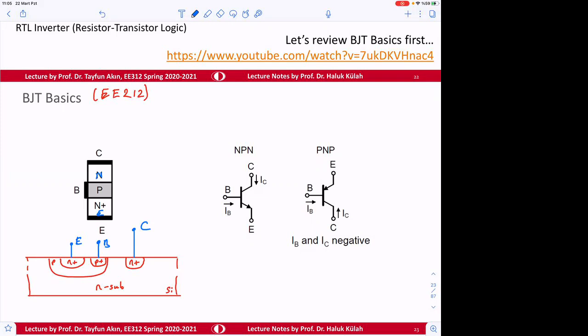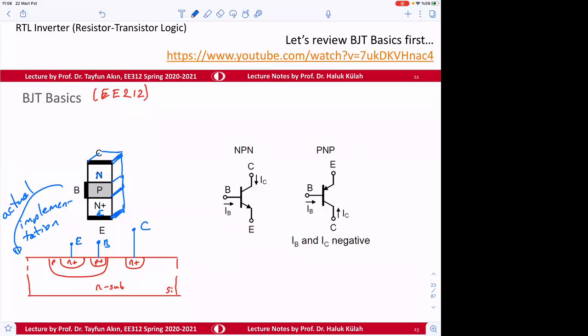Okay, so this is the way that we define it, maybe for simplicity, and this is a kind of symbolic representation of the device. But this is the actual implementation. Okay, the actual implementation is like this.